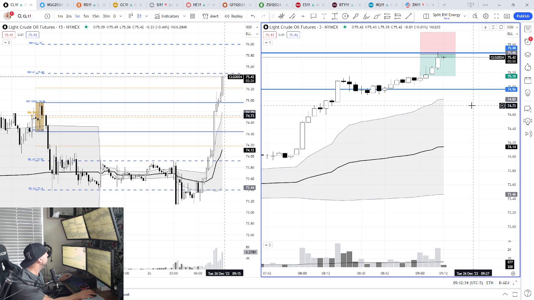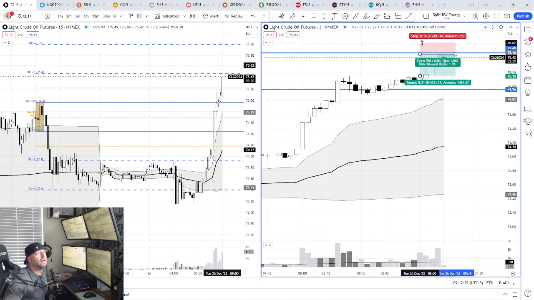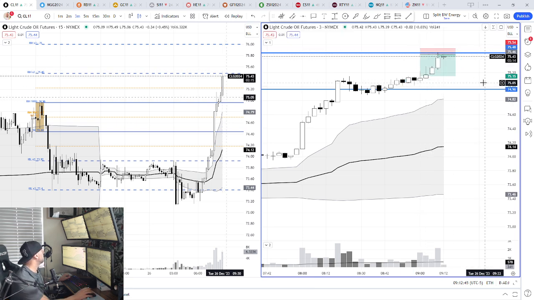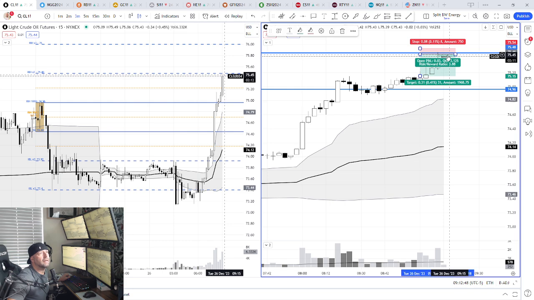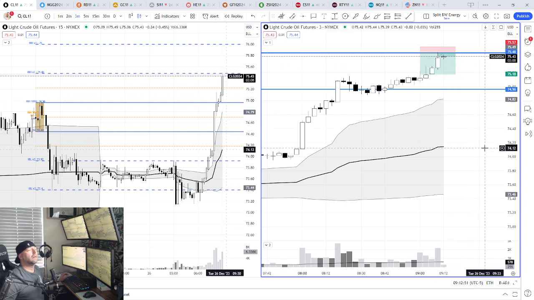Move my stop to 54. My average price is 48. All right, let's go. Looks like there's some bid support here. Back up to my average price.